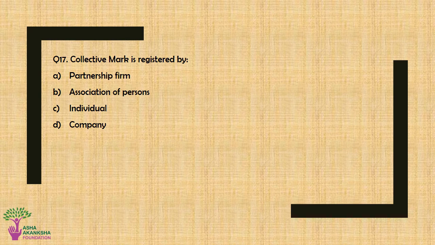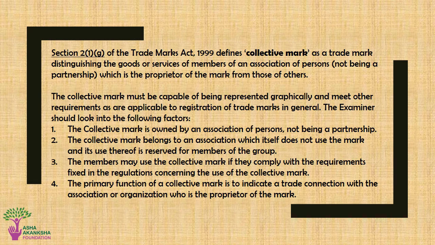Question number 17. Collective mark is registered by option A, partnership firm, option B, association of persons, option C, individual, or option D, a company. The correct answer for this question is option B, association of persons.